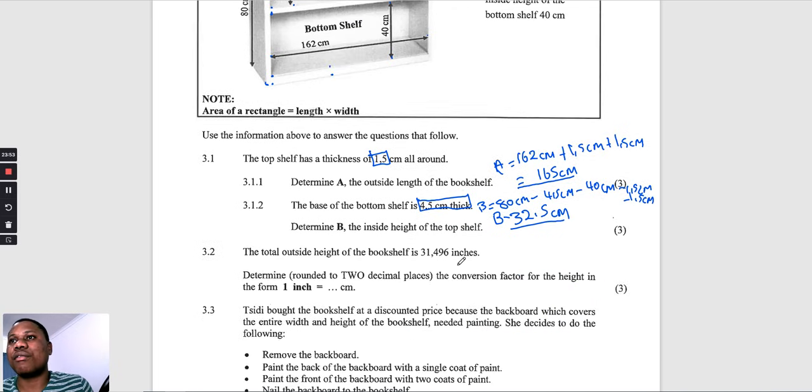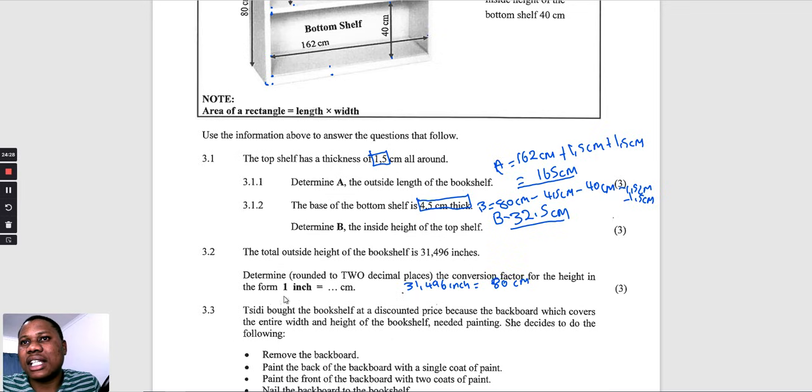But when they convert that into inches, it gives them 31.496 inches. So they say determine, rounded off to 2 decimal places, the conversion factor for the height in the form 1 inch is to centimeters. Okay, so we are going to place the inches this side: 31.496 inches is equal to 80 centimeters.